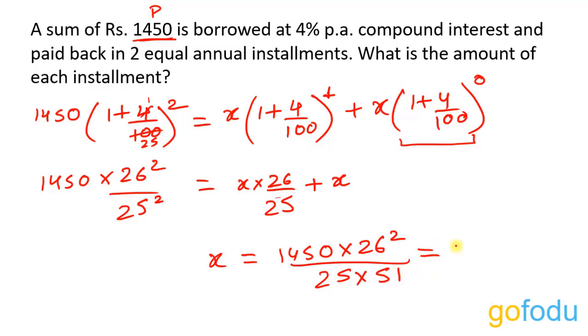This will be around 769 rupees. So 769 is the annual installment when 1450 rupees are borrowed at 4% per annum interest rate for 2 years.